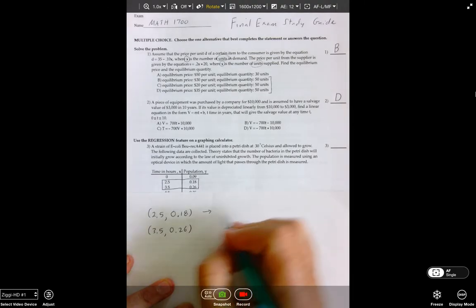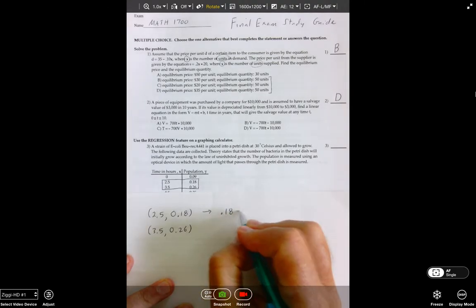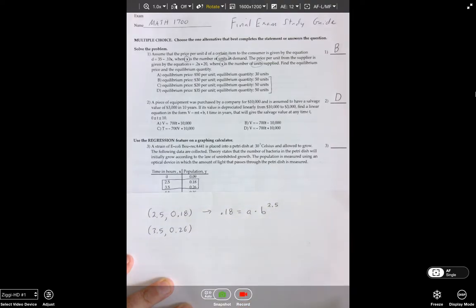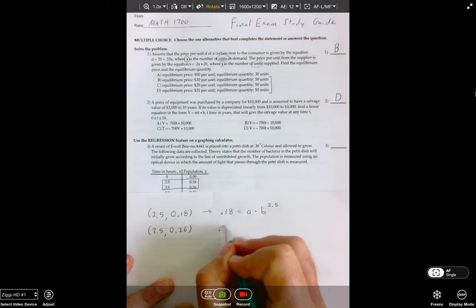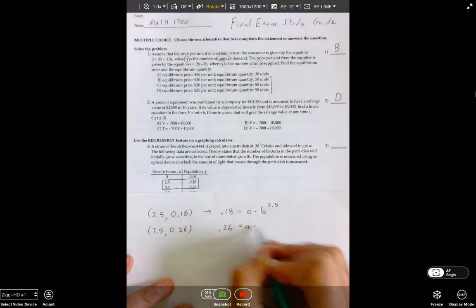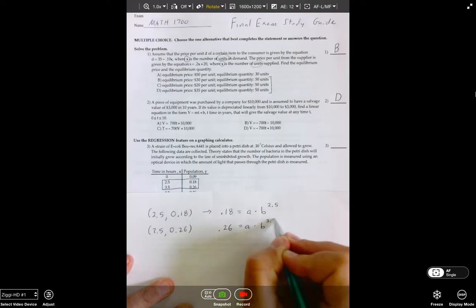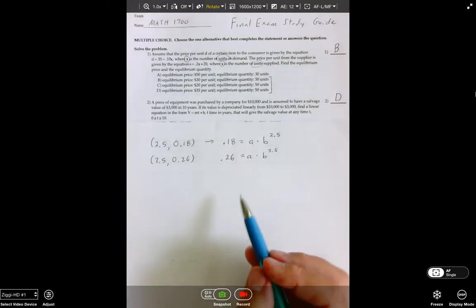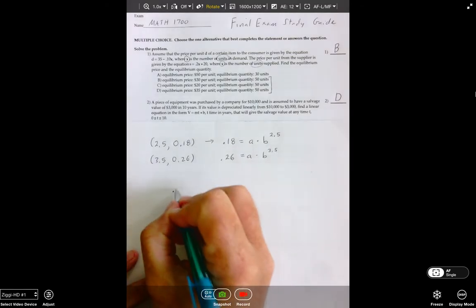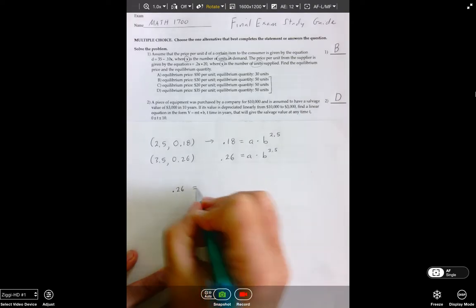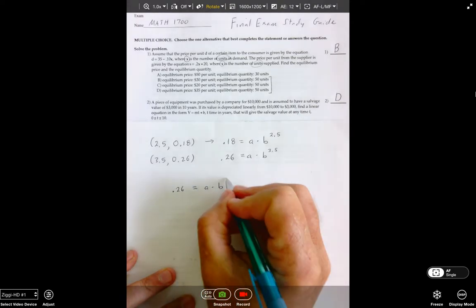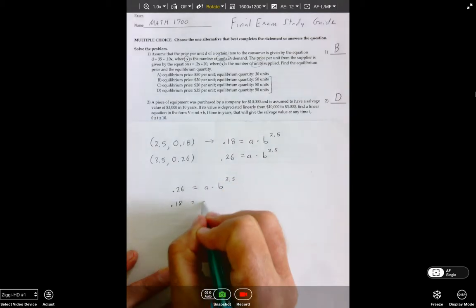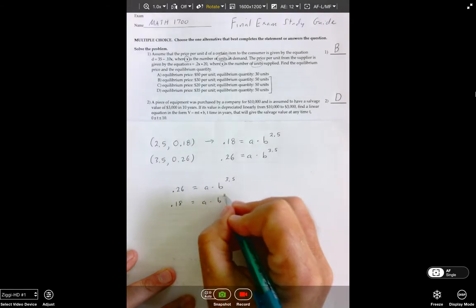Now I know that this is going to be 0.18 equals a times b raised to the 2.5 power. And I know this is going to be 0.26 equals a times b raised to the 3.5 power. Now, when I was teaching this, I said always put the biggest numbers on top. So I'm going to have 0.26 equals a times b raised to the 3.5 power, and 0.18 equals a times b raised to the 2.5 power.